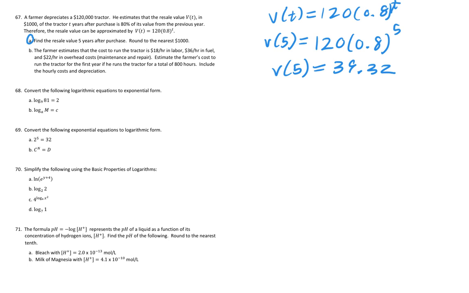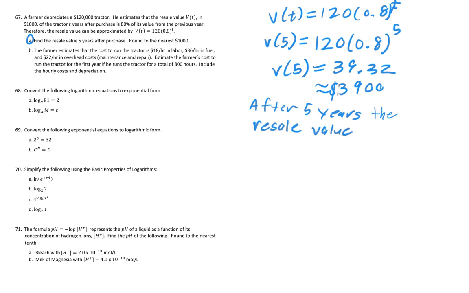So rounding to the nearest thousand means we're going to have $39,000. So this means that after 5 years, the resale value will be $39,000.